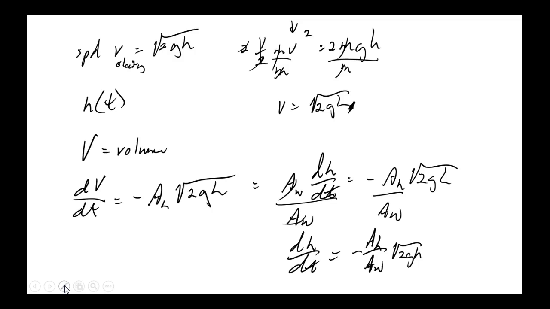Okay, 1 over C. C is capacitance, and it comes from your basic formulas for voltages across capacitors, inductors, and resistors.